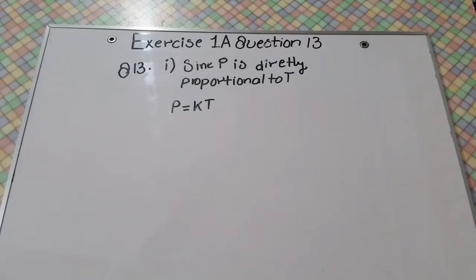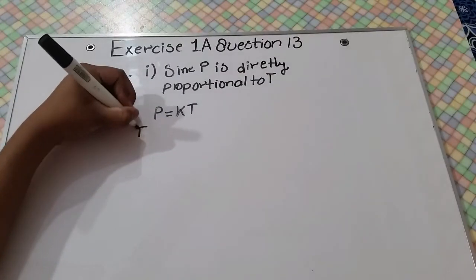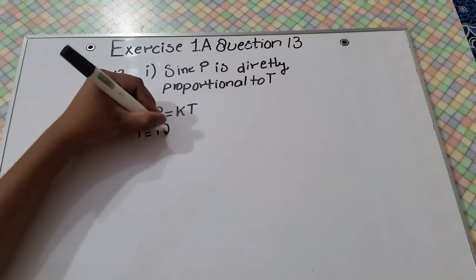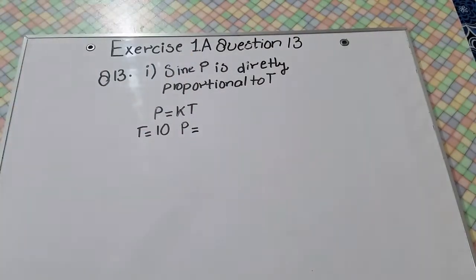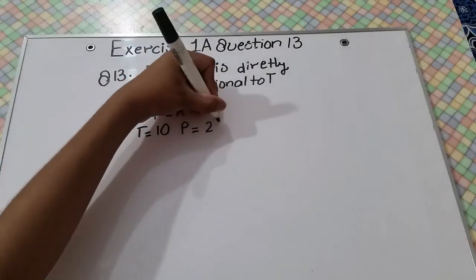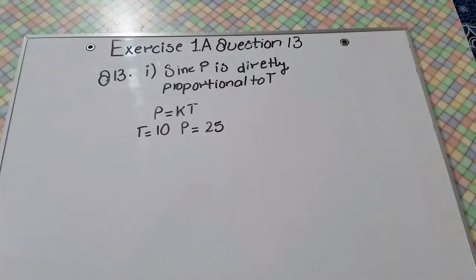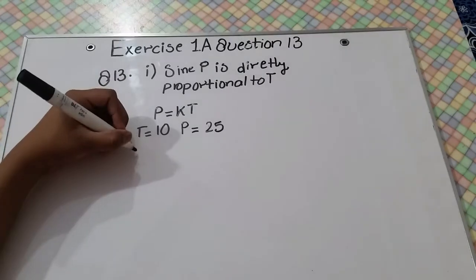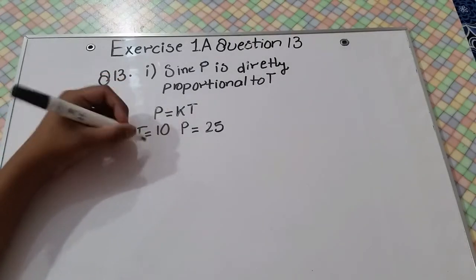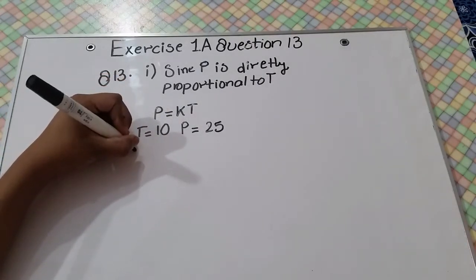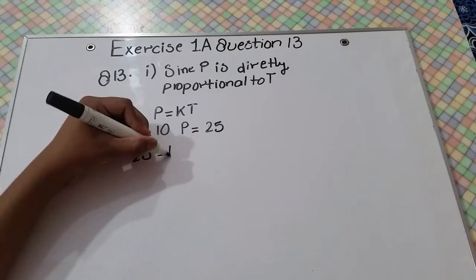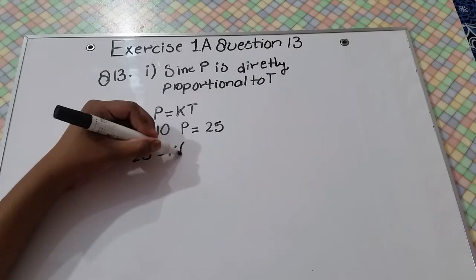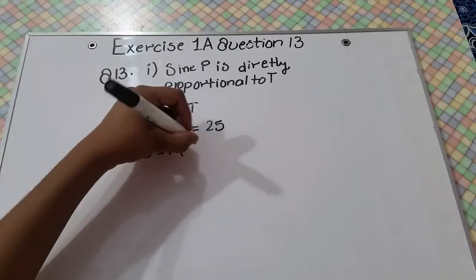Now K is constant and the value of T is 10, P is 25. Okay, now we need to find the value of K. So P is 25, K is constant and its value is not known, and T is 10.